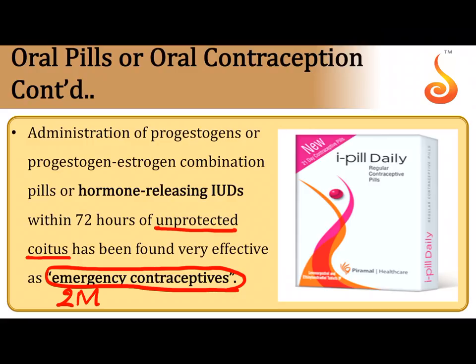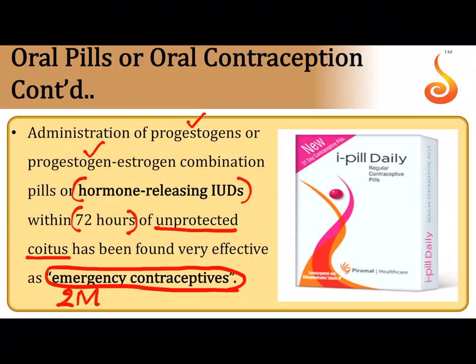So if they have been involved in unprotected sexual intercourse, within 72 hours the woman may take a pill which is progestogen alone or a progestogen-estrogen combination, or there may be a very quick insertion of a hormone releasing IUD. There is a time window for this.